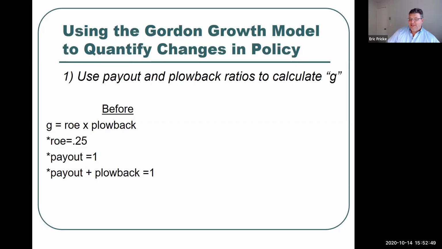All right, so what does this tell us? We need to calculate G. And we know the ROE, that's 0.25. So we need the plowback ratio for this before case. So what is the plowback ratio in this example?